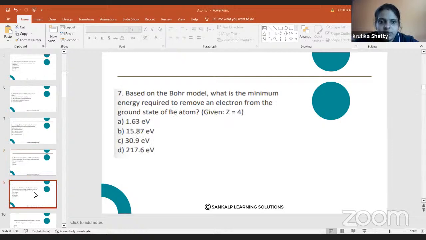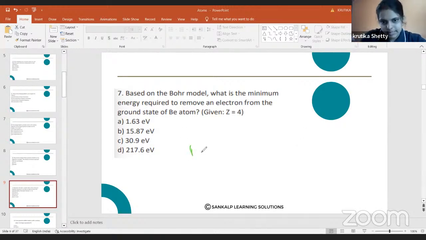So next question, based on the Bohr model, what is the minimum energy required to remove an electron from the ground state of beryllium atom? For beryllium, Z is equal to 4. Here we have the simple formula to calculate the energy required.